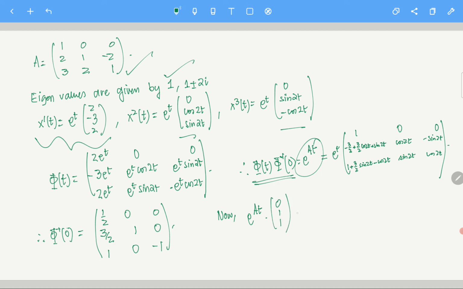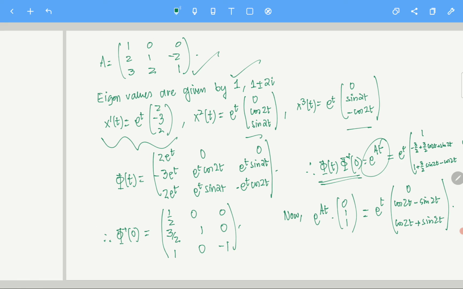Okay, so this part is given by e power t, 0, cosine 2t minus sine 2t. I'm just multiplying this thing with 0 1 1, that's all. And cosine 2t plus sine 2t. So that's the first part, this part.